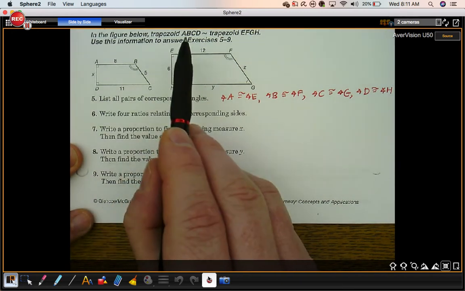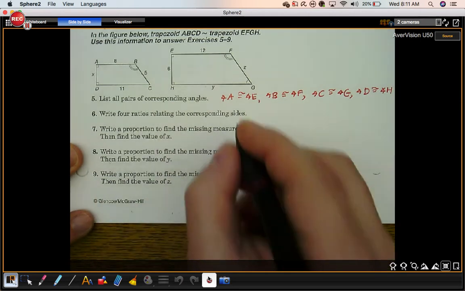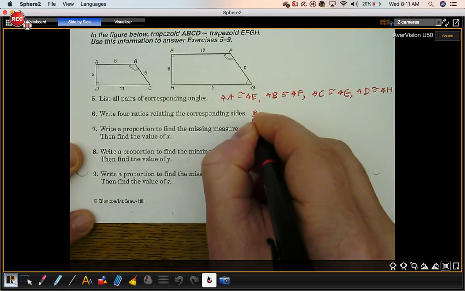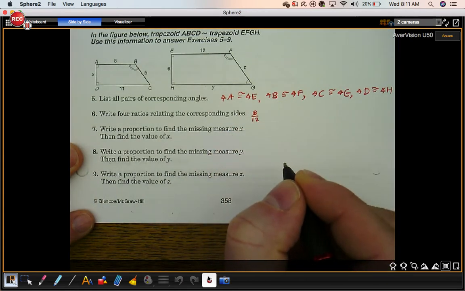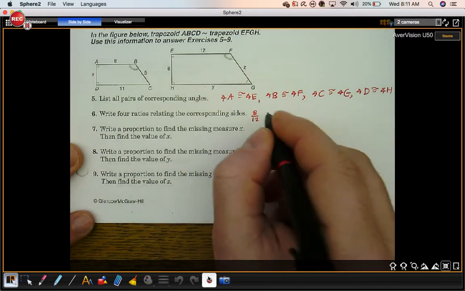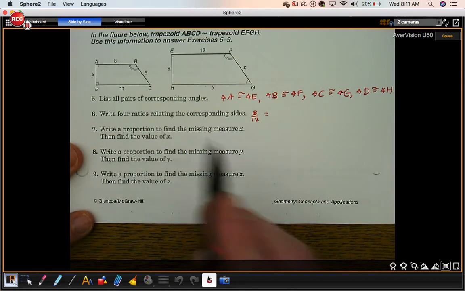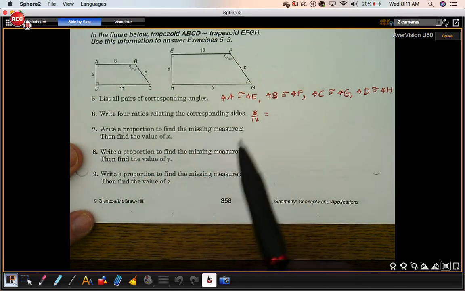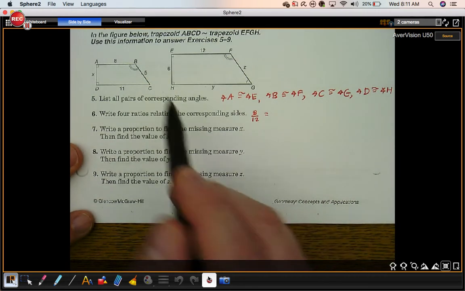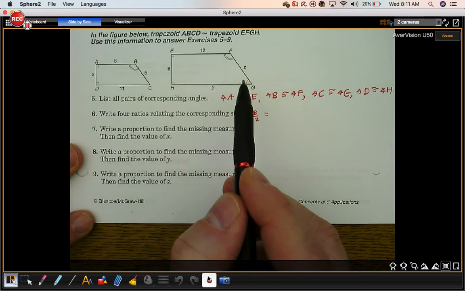So segment AB goes with segment EF. So the top does go with the top. So I'm going to write 8 to 12. And I know that has to equal the other ratios. So if this is 8/12, the rest of them have to be 8/12, but we're going to use different numbers. Segment BC goes with segment FG.